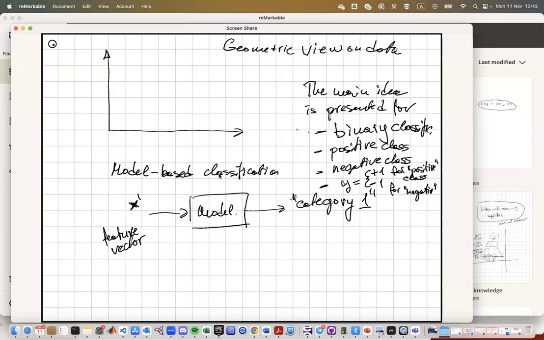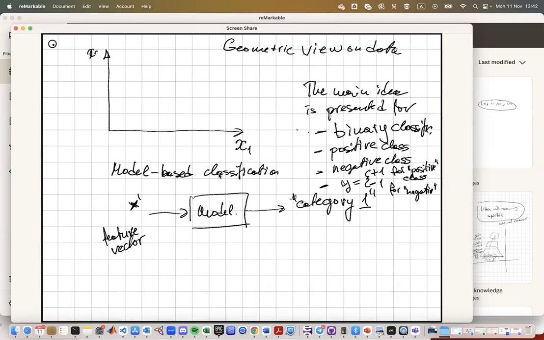Yes. Okay. And what does it mean then, graphically? So we have two classes. First we have our two features, not necessarily just two; it's very easily extendable to many more features.